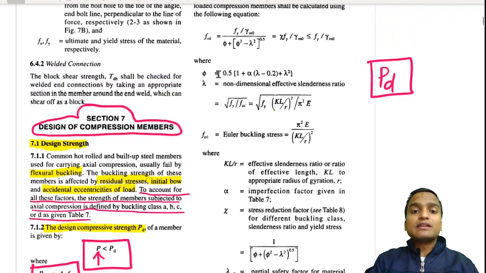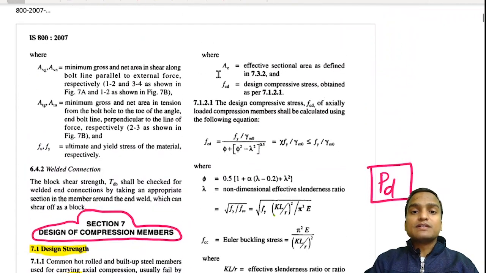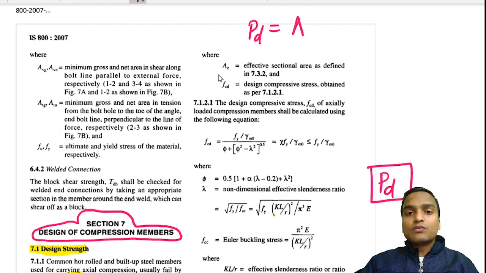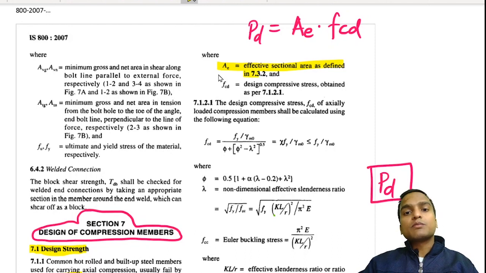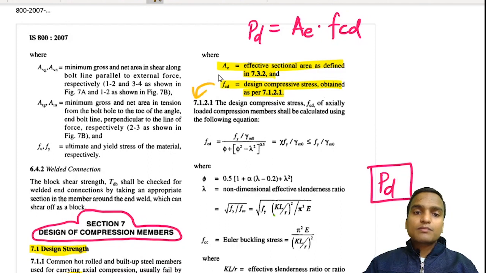So here the same thing is written: PD is equal to AE into FCD, and AE is the effective sectional area, and it is also given in clause 7.3.2. And FCD is the design compressive stress, obtained as per clause 7.1.2.1, which is just given here, okay.